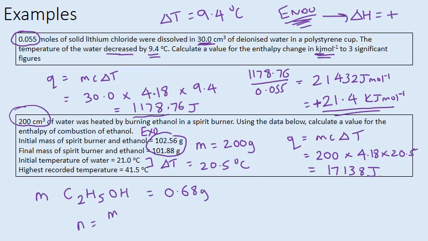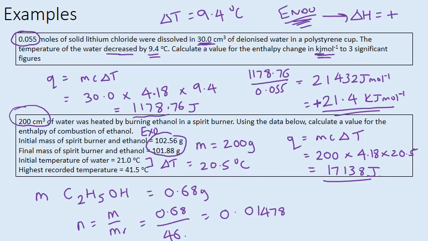So I'm going to convert this into moles. Moles is mass over Mr. 0.68. My Mr is 12 times 2 plus 6 plus 16, which is 46. You can work that out for yourself. So my moles are 0.68 divided by 46, which is equal to 0.01478.